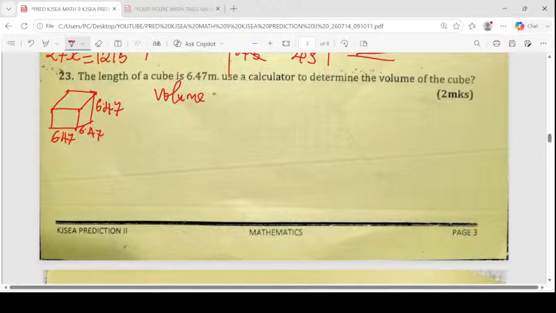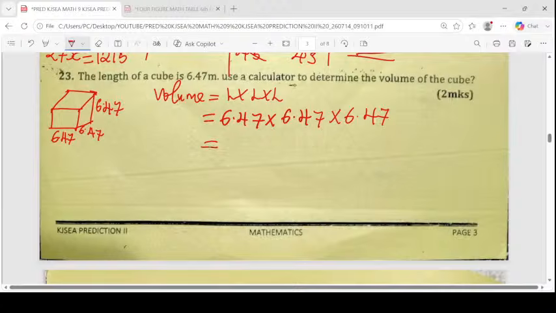Volume of a cube is given by length multiplied by length multiplied by length, because they are all the same. So this is 6.47 multiplied by 6.47 again by 6.47. Remember, you've been told just to use a calculator, so I'll press in my calculator 6.47 multiplied by 6.47 by 6.47.